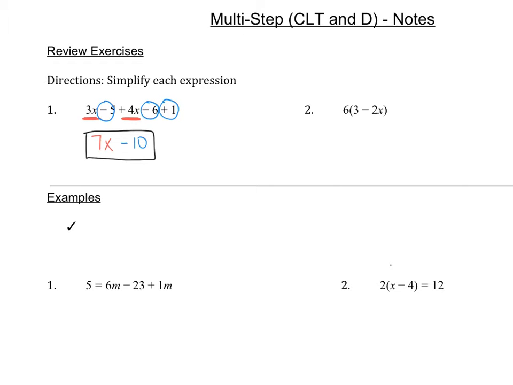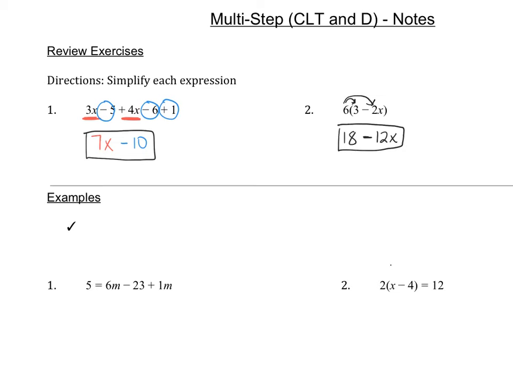Now let's review the distributive property. Looking at number 2, when I use the distributive property, I take that number on the outside and distribute it to what's on the inside. Distributing is multiplication. So 6 times 3 is going to give me 18. 6 times -2 is going to give me a minus right here. 6 times 2 is 12x.